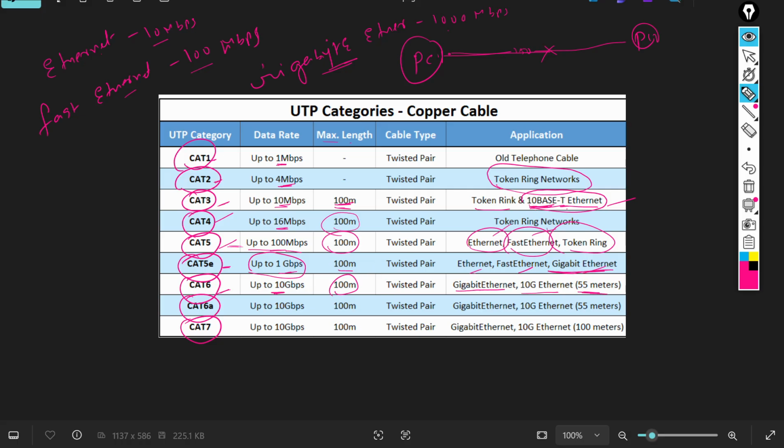Okay. And next one, category 6A, same, up to 10 Gbps, and category 7 up to 10 Gbps. So nowadays we are using category 6A or category 7. Only we are using these two. And also you can use category 6 also. So these are the categories in UTP cable.